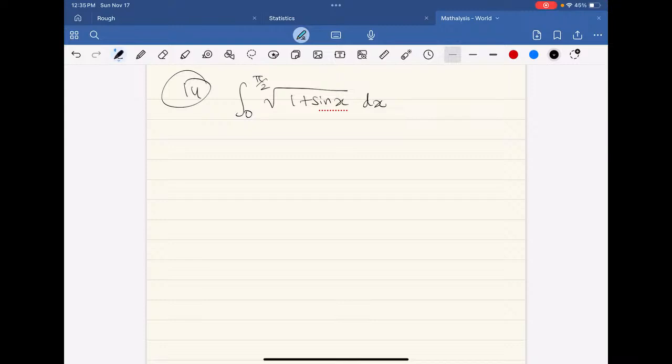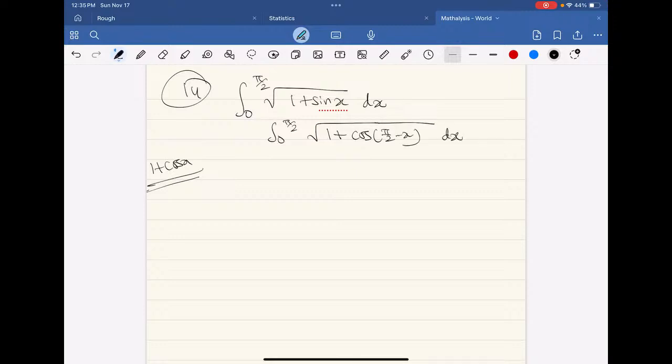I think to solve this, I can just change sine to cos, and then it will be easy because we have a formula for 1 plus cos x, right? So let's try that. Integral from 0 to pi by 2 of square root of 1 plus cosine of pi by 2 minus x dx.